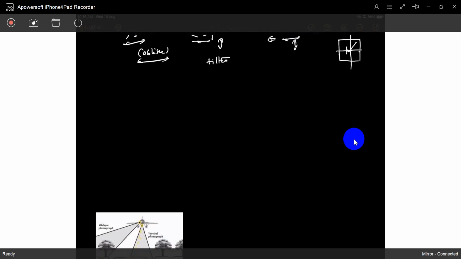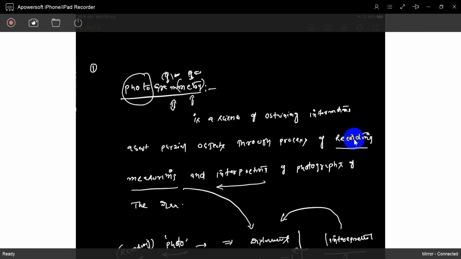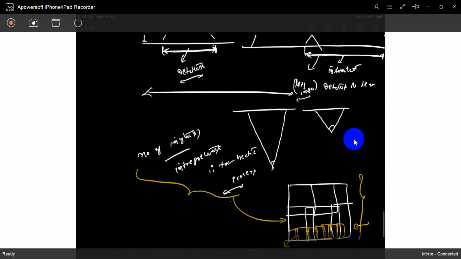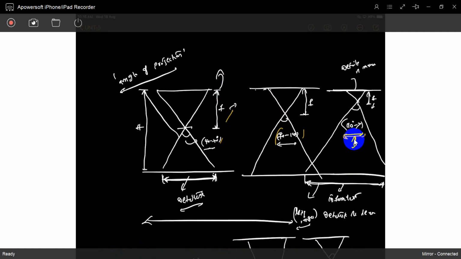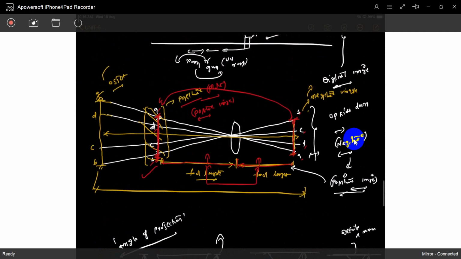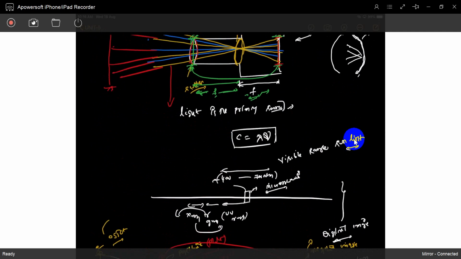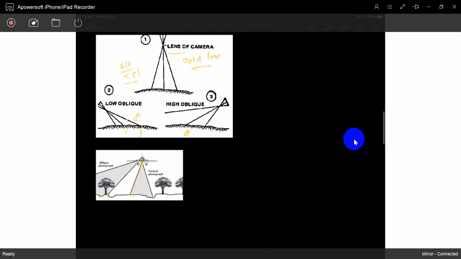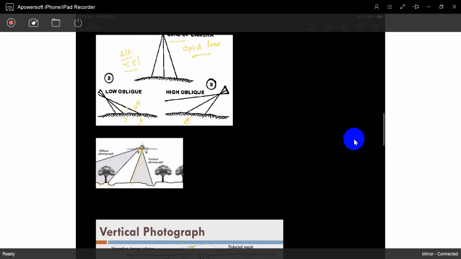If we put an oblique image, we will cover a larger amount of information, but the details we can get are very little. So that's it. See in the aeroplane how we can get this; see this picture.